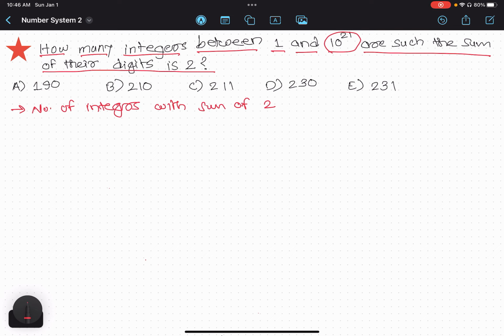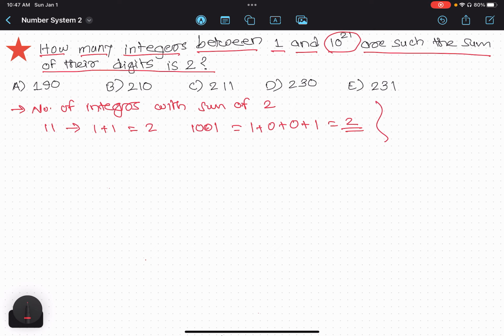If we say 11, then 1 plus 1 is equal to 2. If we say 1001, then it becomes 1 plus 0 plus 0 plus 1, which gives us 2. So this is what they are asking.